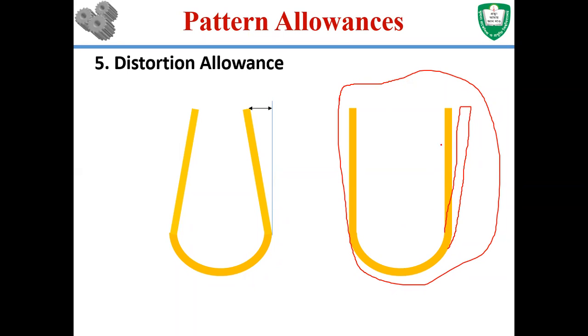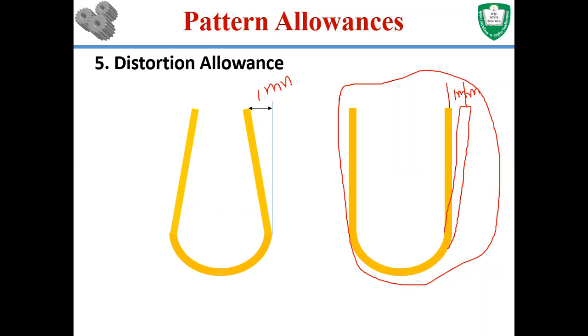Let's say the expansion is 1 millimeter. 1 millimeter distortion occurs. Then if you want to make the pattern to produce a perfect U shape using the thin material, thin product, then you need to allow for this distortion on this side.